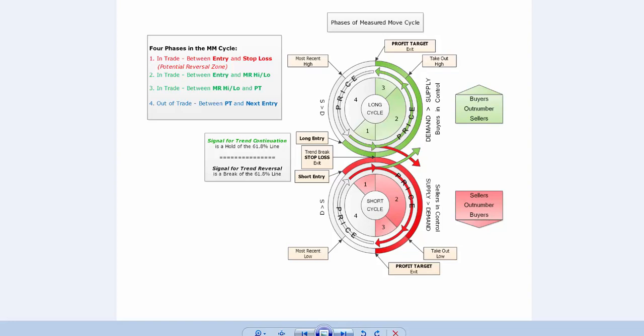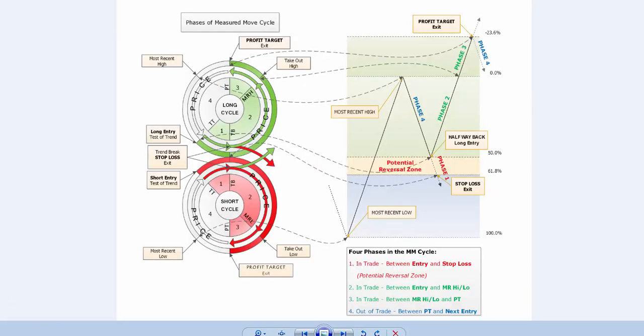Here's another way to look at that, and we're adding another layer on top of this to combine the phases of a measured move with our previous examples of a traditional and the phases of these pullbacks, or in the case of shorts, rallies into resistance. We start out in a long entry.